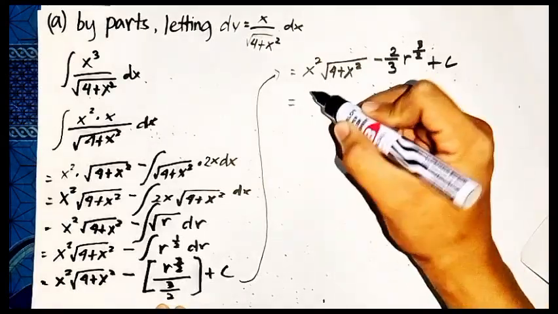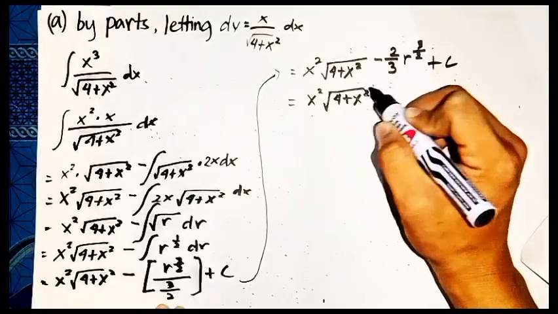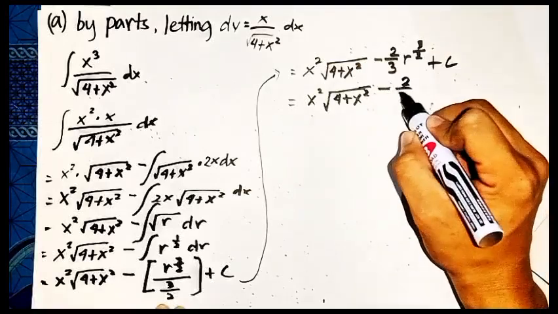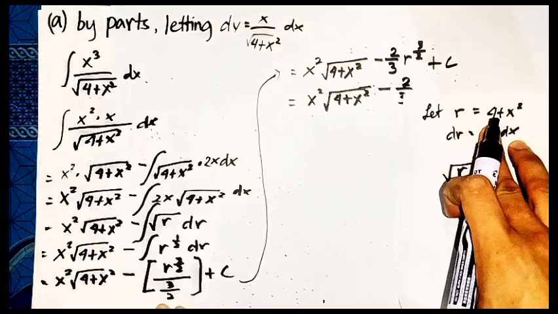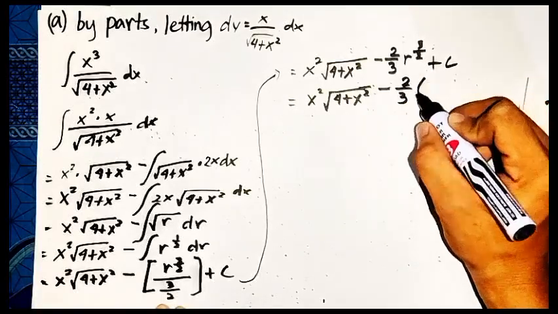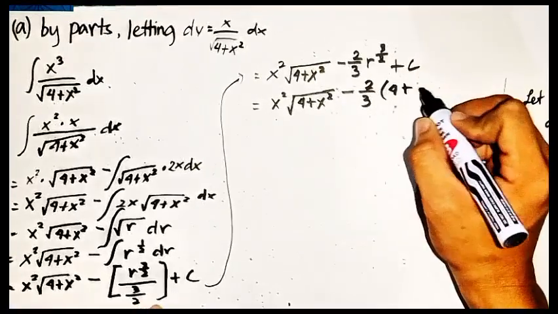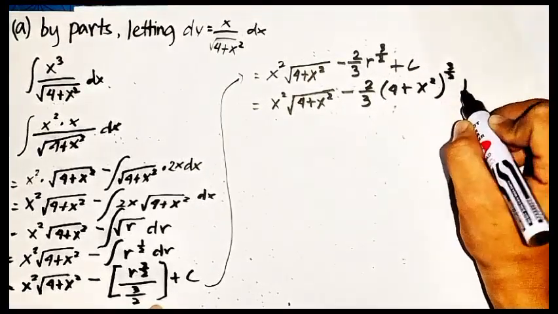Now, copy again the x squared, square root of 4 plus x squared, minus 2 over 3. Remember the value of r. R is 4 plus x squared, right? So let's substitute. So 4 plus x squared to the power of 3 over 2 plus c.